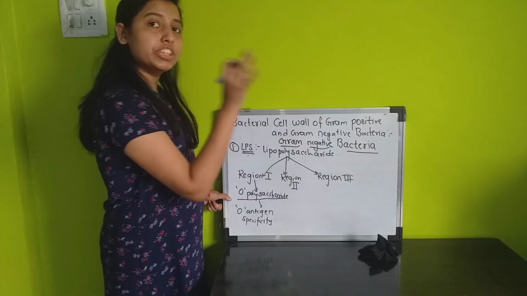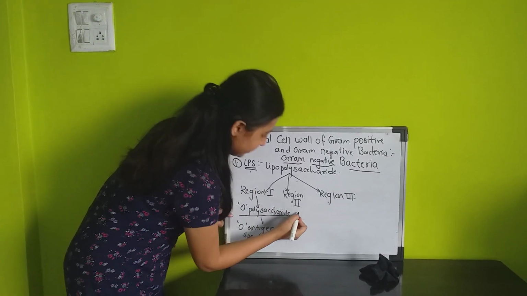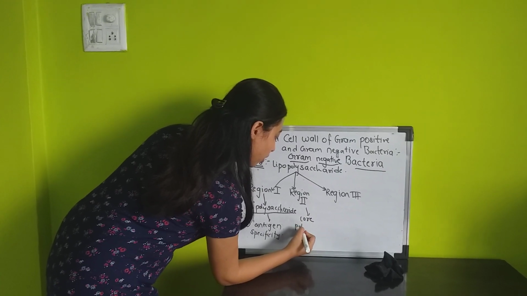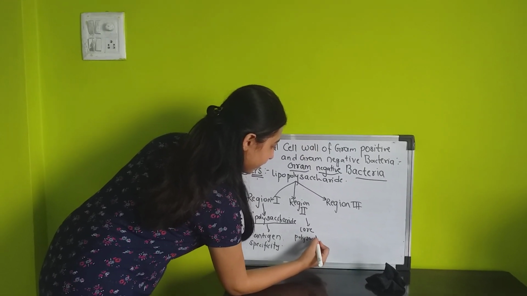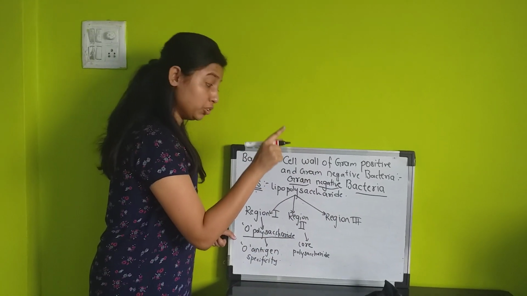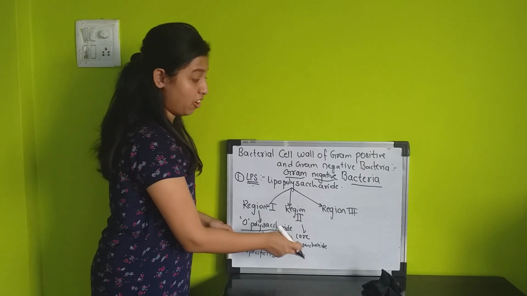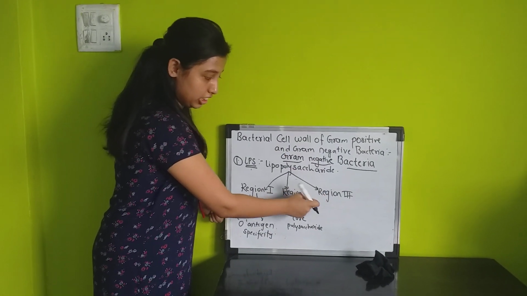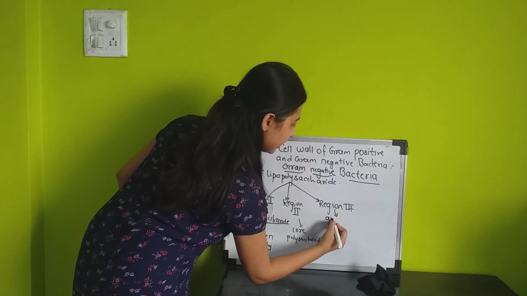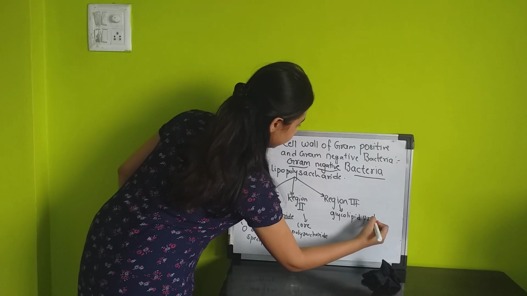Now I will move on to region 2. Region 2 is only and only core polysaccharide. So region 1 is O polysaccharide, region 2 is core polysaccharide. Now region 3 is glycolipid protein.